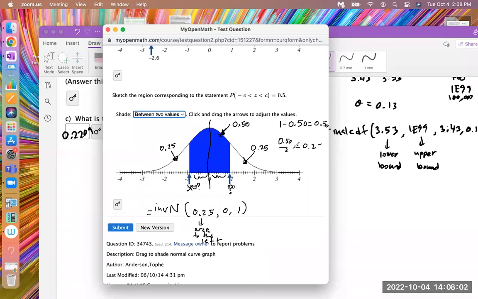So that's how to find the left bound here. To find the right bound, which is this value on the x-axis right there, that would be equal to the inverse norm.